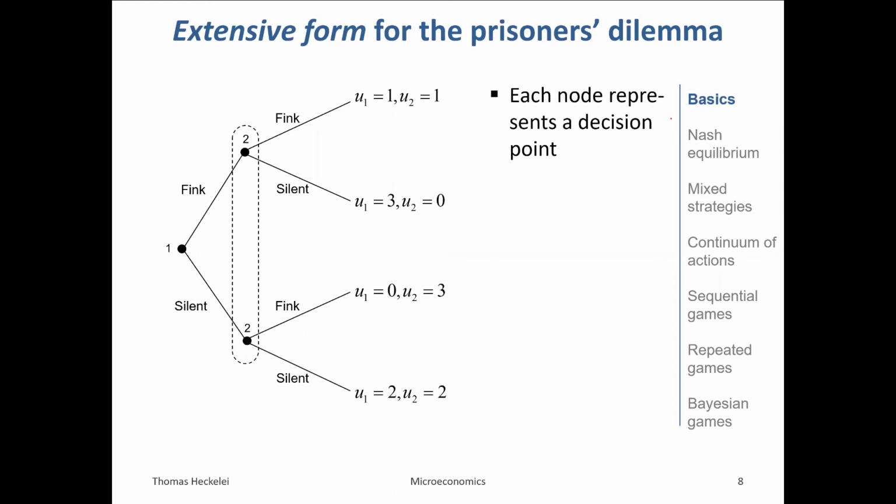If you look at this decision tree, you see several nodes, like the big black dots over here. Each of them represents a decision point at which either of the players will make a move or play a strategy or decide what to do.